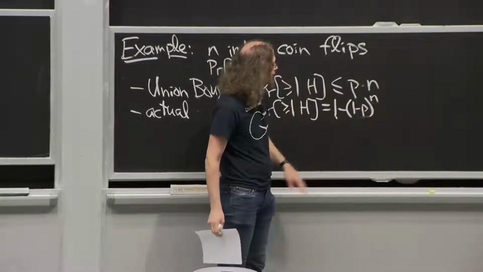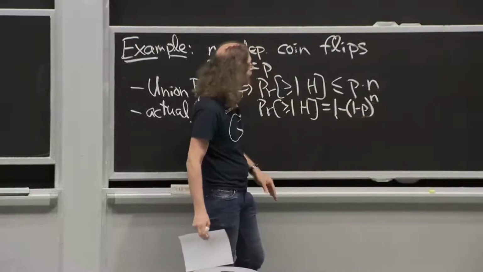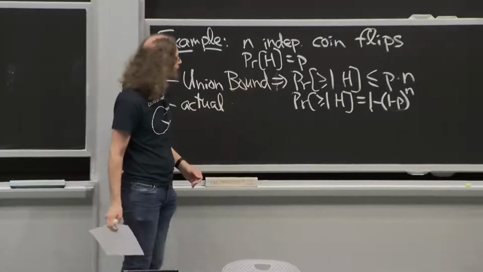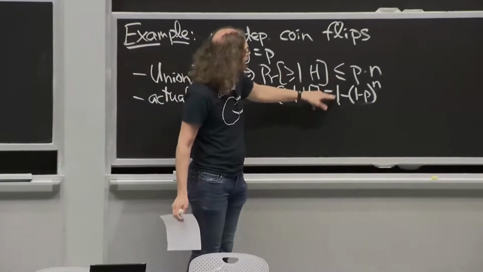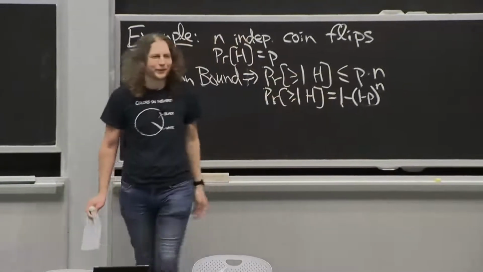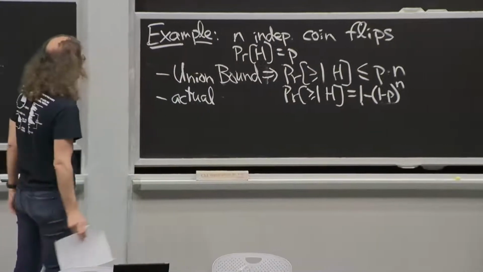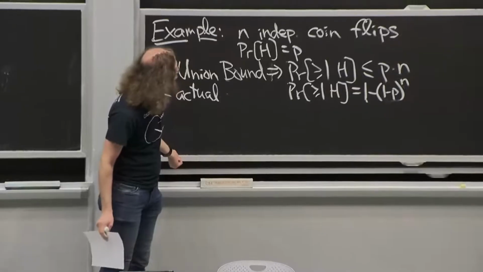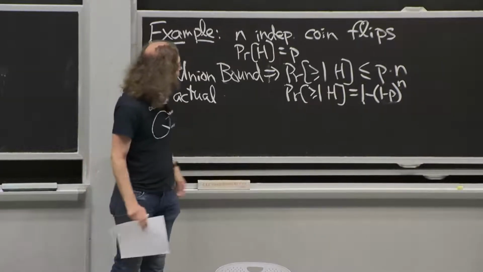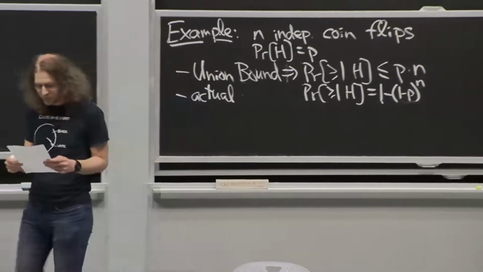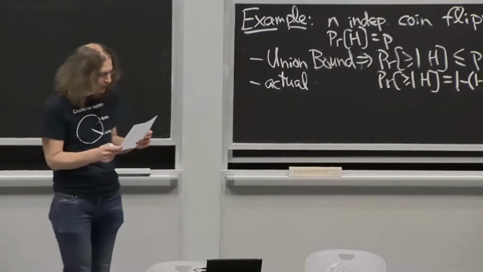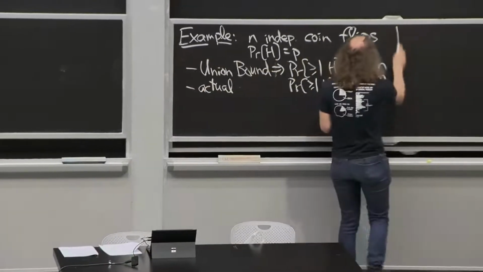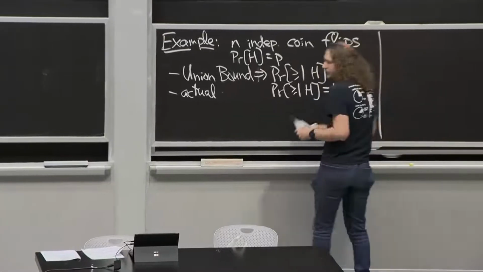Raise it to the nth power, we get the probability of n tails. We take 1 minus it, we get the probability that there are not n tails. In other words, there's at least one head. So these are close for very small p, but even for small p, maybe not so great. I don't know. All right. So this is an example where union bound's not so helpful. Maybe I'll come to other examples in a moment.